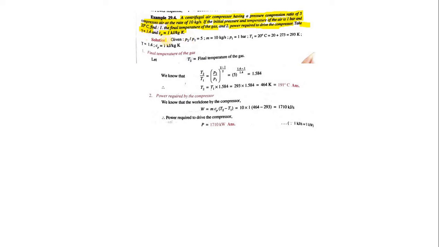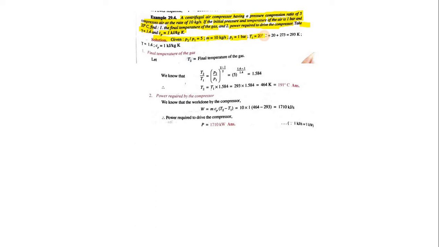Now the value of Cp, specific heat at constant pressure, is given. It is a standard value, around 1 kilojoule per kg Kelvin. In the given things they mention the compression ratio, P2 by P1 is equal to 5. The mass flow is given, m is equal to 10 kg per second. Initial pressure P1 is given.